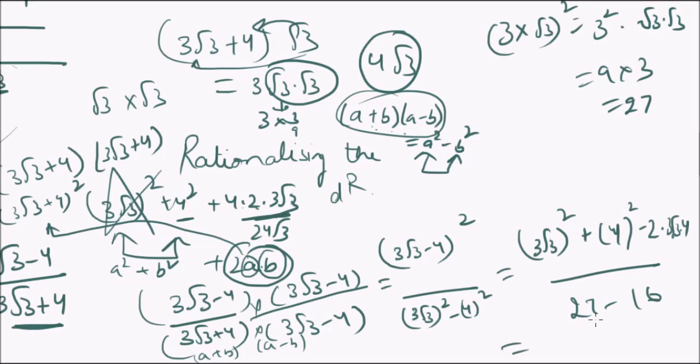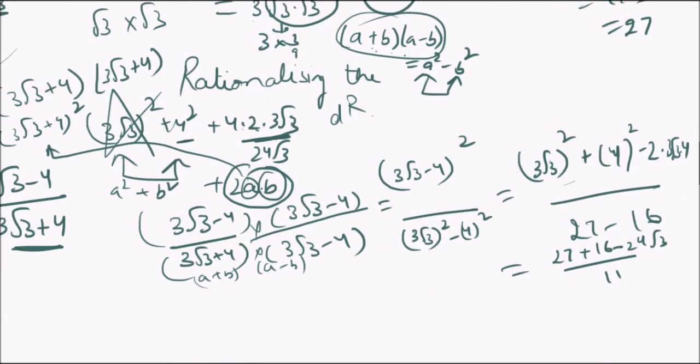That is, at the denominator we have 27 minus 16, that is 11. The numerator is 27 plus 16 minus 2 into 3 into 4, that is 4 3s are 12, and 12 2s are 24, so 24 under root 3. So friends, we have successfully resolved the issue of the under root term at the denominator.